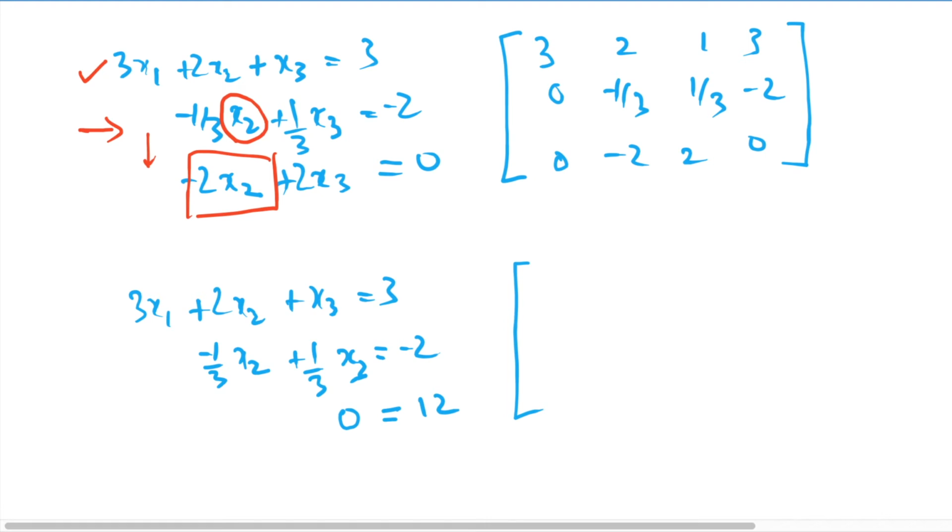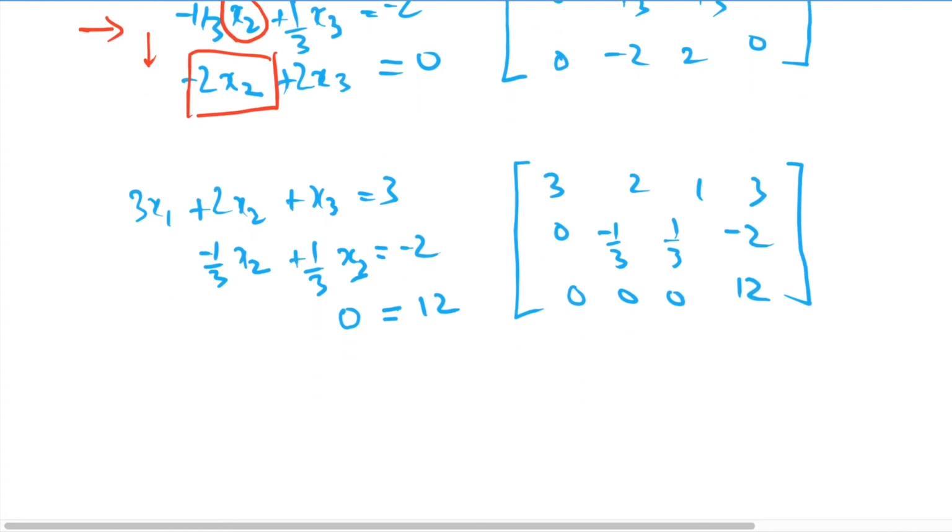Let me write down the corresponding augmented matrix also. This is 3, 2, 1, 3. The second row is 0, minus 1/3, 1/3, and minus 2. And the last row is 0, 0, 0, and 12.